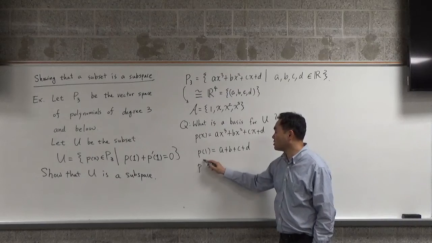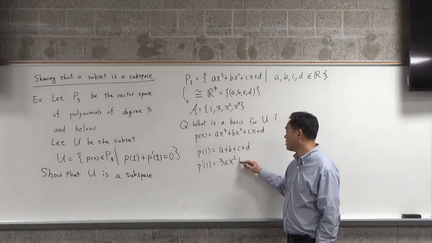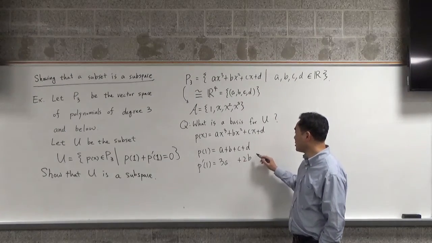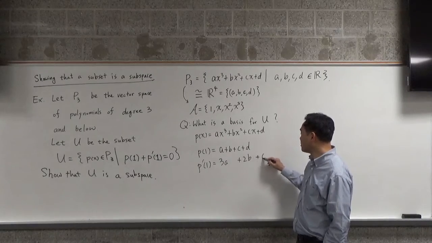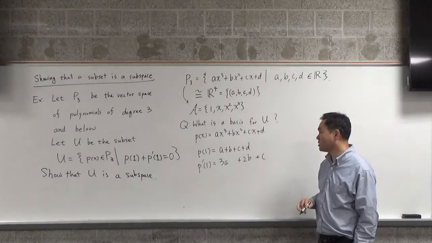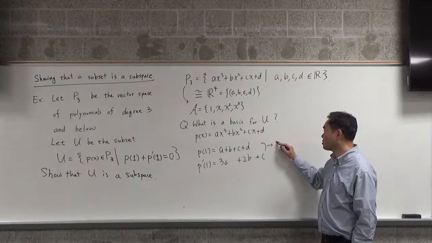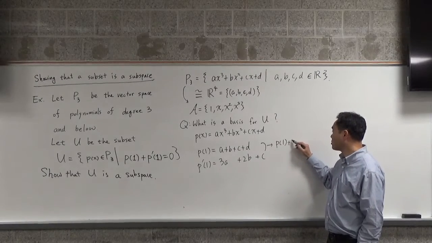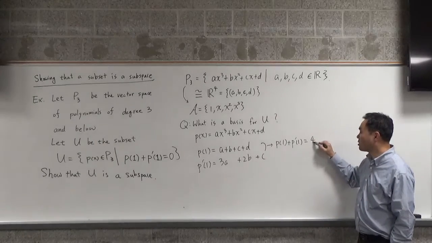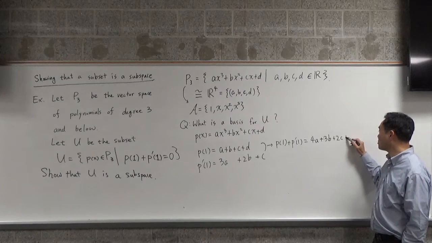What's p prime of 1? It's 3a x squared, 2b x, and c, and then you plug in 1, right? So you have p of 1 and p prime of 1. And we have the sum of those two, p of 1 plus p prime of 1, and that's going to be 4a plus 3b plus 2c plus d.